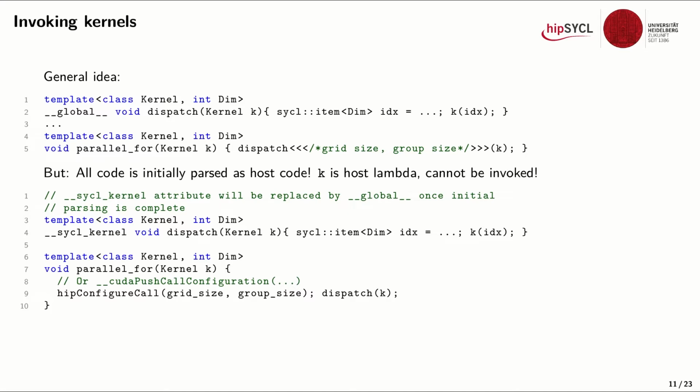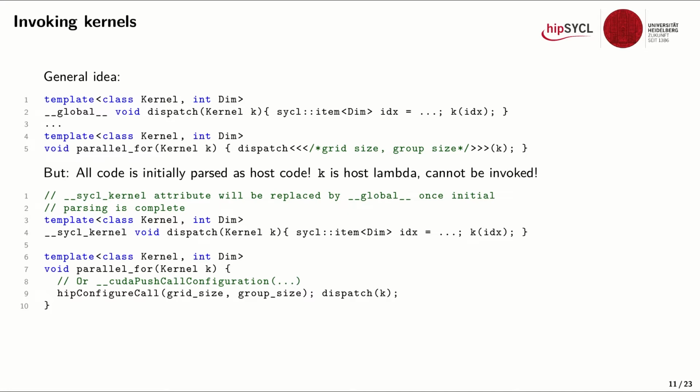And then the parallel for in SYCL could be implemented by just instantiating this dispatch function with the user-provided kernel callable. However, since all code initially is parsed as host code, the user-provided kernel is a host lambda and therefore cannot be invoked directly, because otherwise you would again get an error that you try to call a host function from a device function.